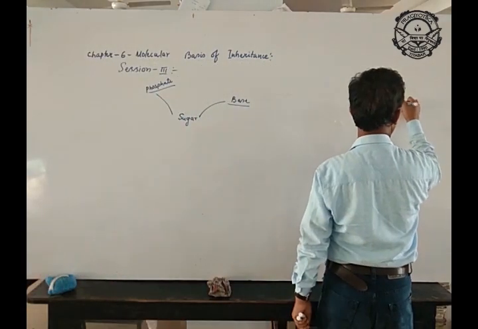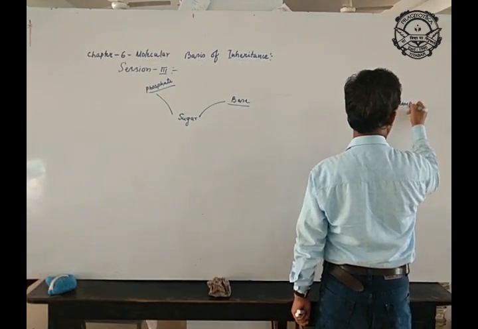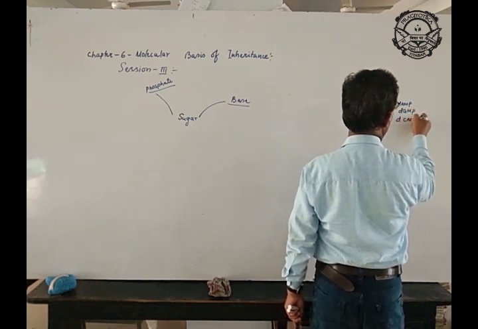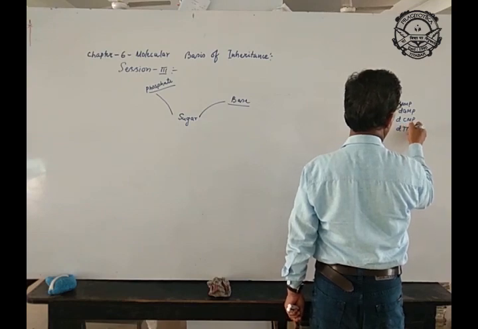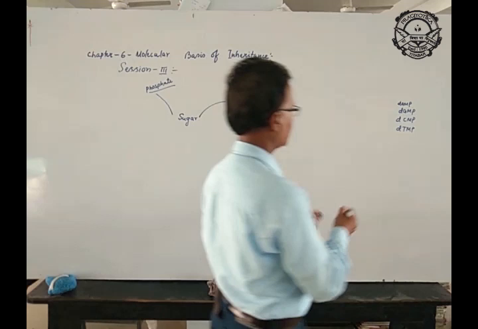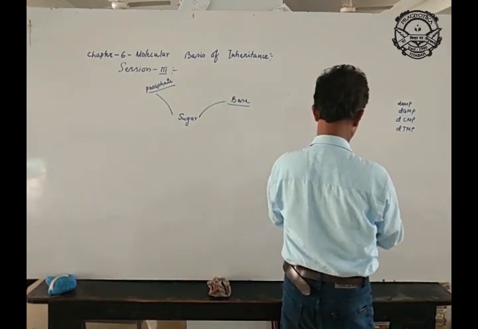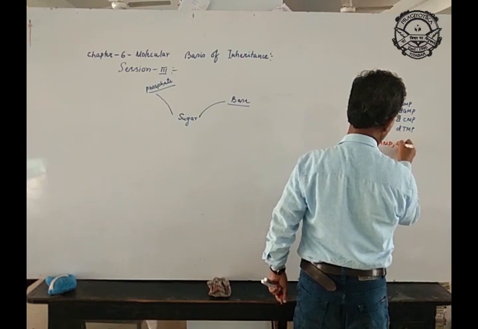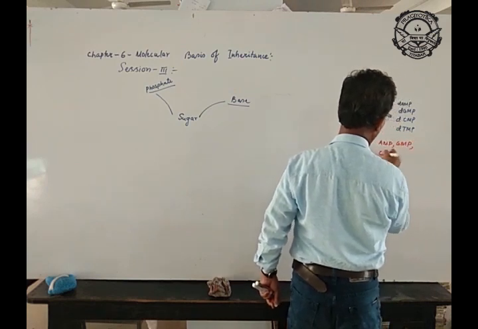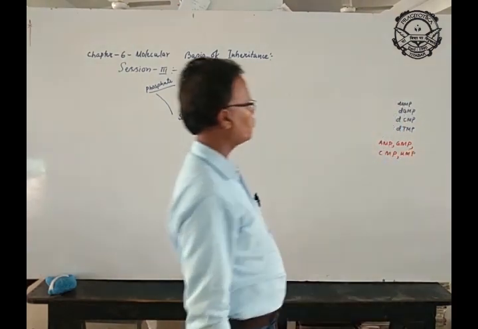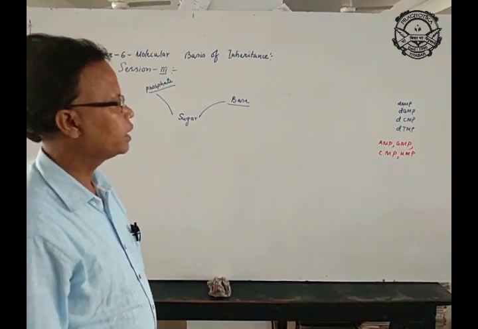You see, dAMP, dGMP, dCMP, dTMP are the nucleotides of DNA. And likewise, AMP, GMP, CMP, and UMP are the nucleotides of RNA.